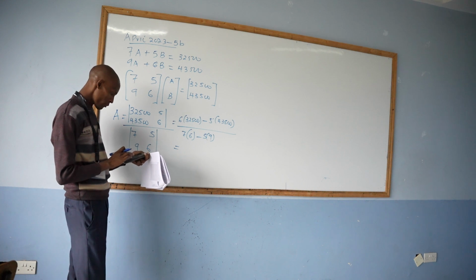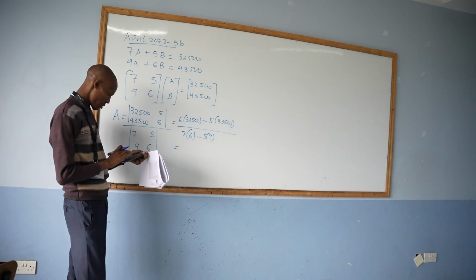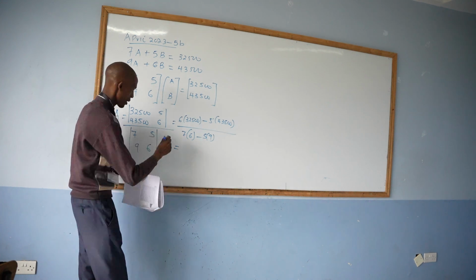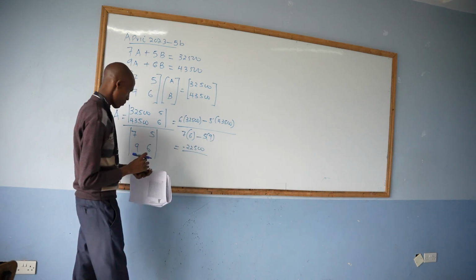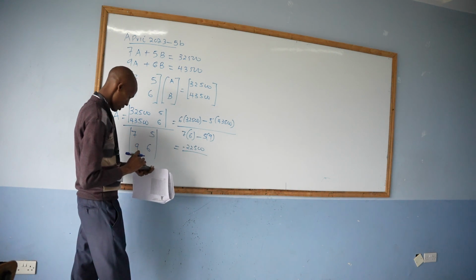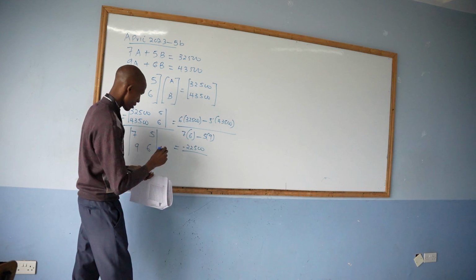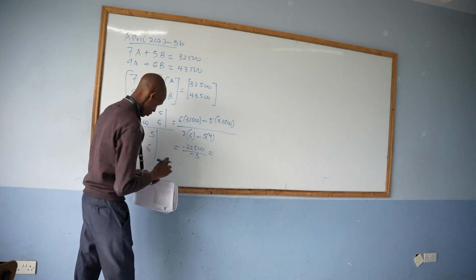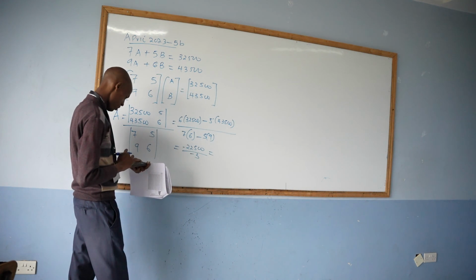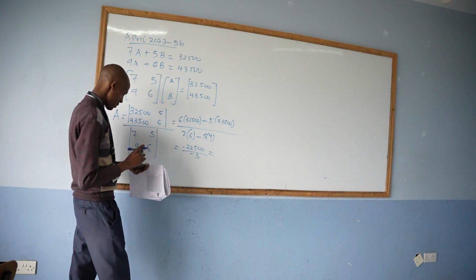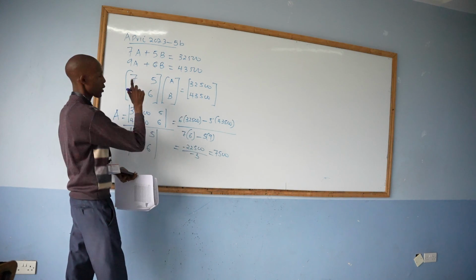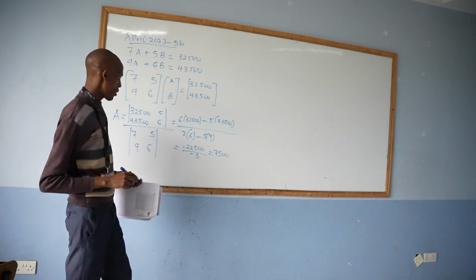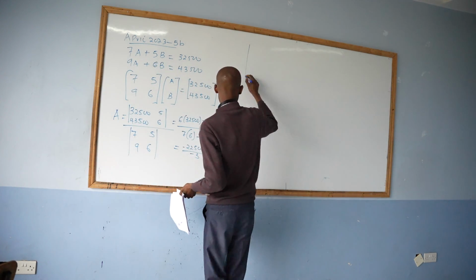The numerator is negative 22,500, divided by 42 minus 45, which is negative 3. So negative 22,500 divided by negative 3 gives 7,500. So A, the cost of a carton of apples, is 7,500.